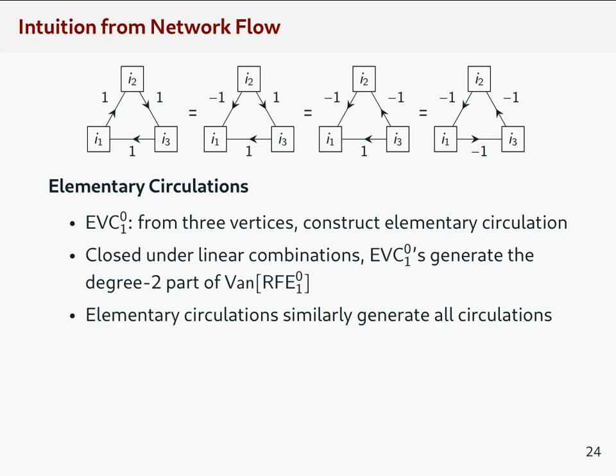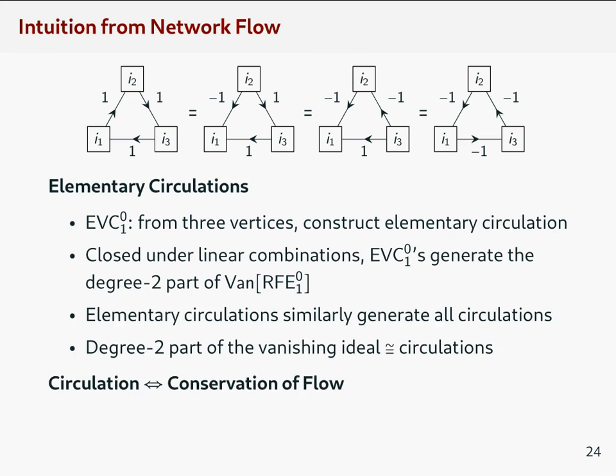Meanwhile, elementary circulations generate all circulations under linear combinations. So what this means is that the degree 2 part of the vanishing ideal is, in this representation, the same thing as the polynomials that can be represented as circulations. So I find this conceptually appealing, so hopefully you do too.